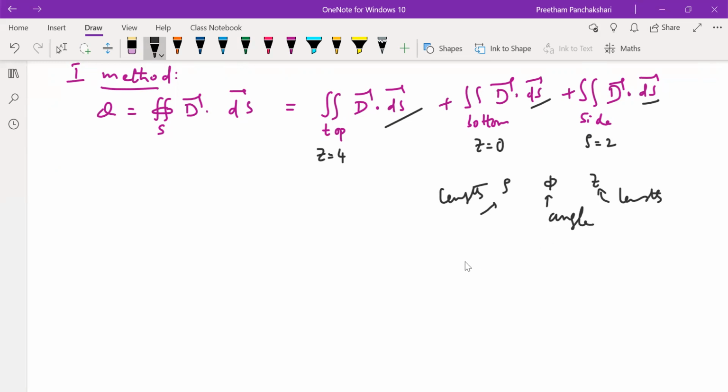So if you find the differential length due to a change in any one of the variables, let us say rho, the differential length will be d rho. That means when rho changes, it produces a differential length of dl. But d phi is an angle, whereas dz is the change in height, so that is also a differential length.